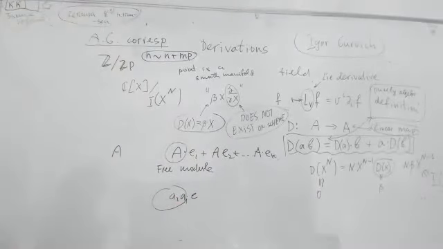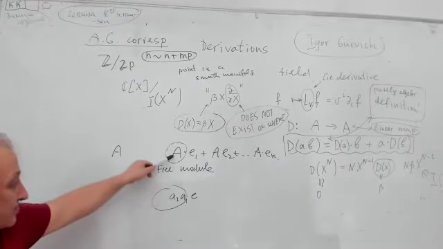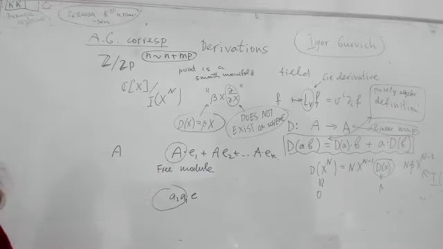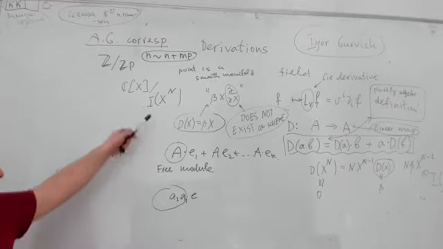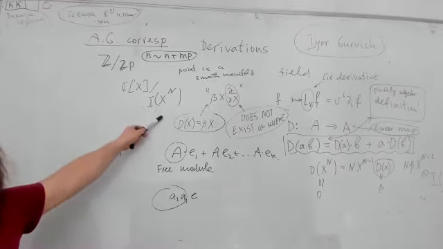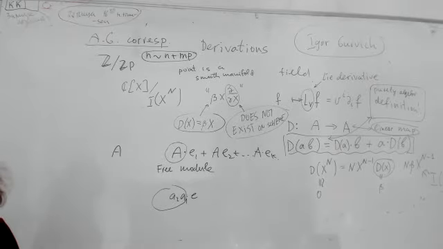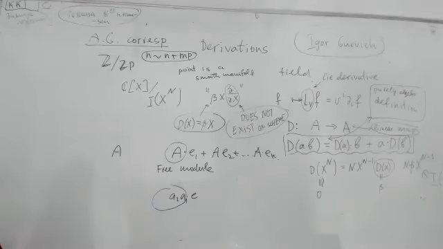And the answer is, we get it only if this A is not just an algebra, but a field, namely where all non-zero elements are invertible. And here we have non-zero elements that are not invertible. That's why the module that we get, the module of differentiations, is not free.